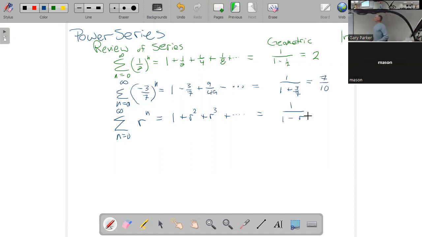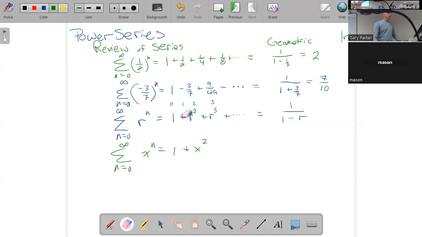Now we use R for ratio because we're looking for a ratio between negative 1 and 1. But I don't have to use R. I could write this instead as the sum as n equals 0 to infinity of x to the power n. So all I'm doing is replacing an R with an x. Oops, I made a mistake there. I'm missing my first term. That's the 0 term, the second term, the third term.